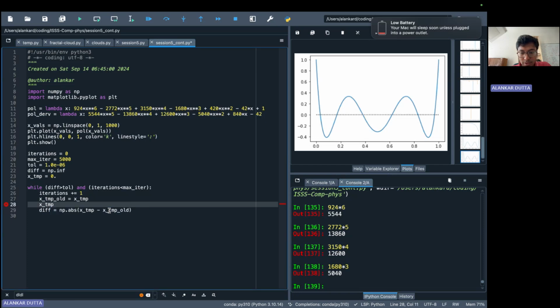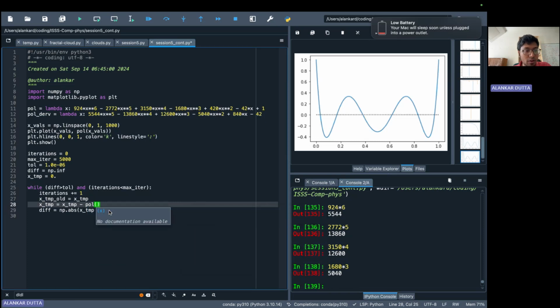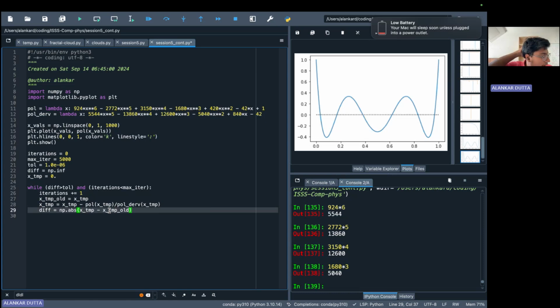The new value of x_tmp is nothing but x_tmp minus the function of x_tmp divided by the derivative of x_tmp. So this gives me the new value, and we go through one more iteration and try to converge.